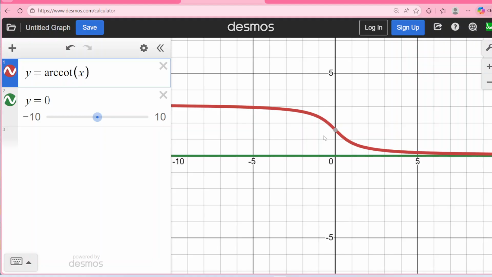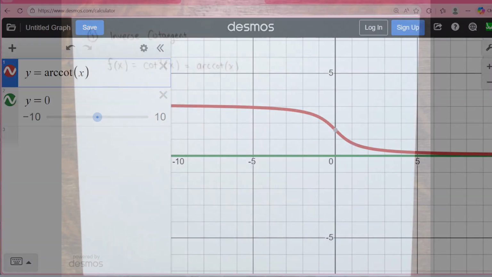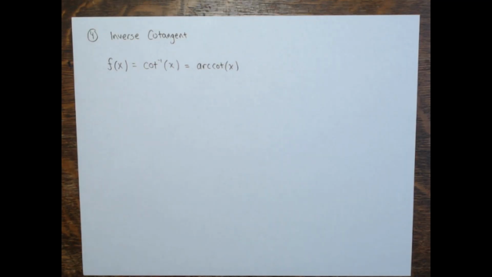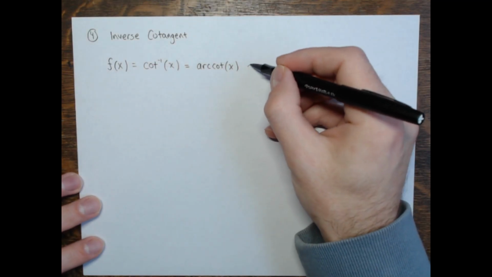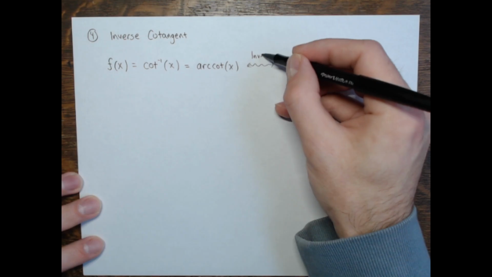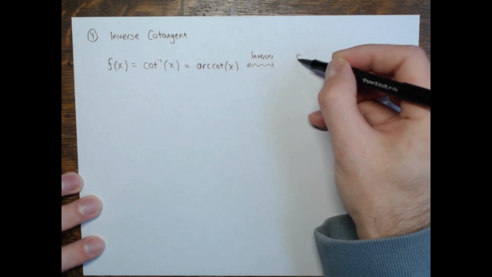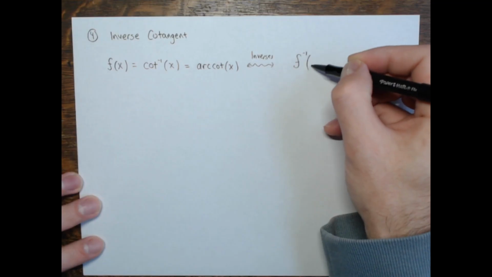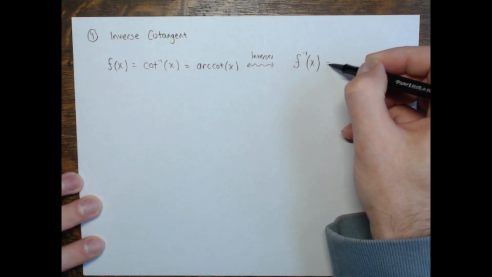So when I go to draw angles in the xy plane in standard position, I'm looking at quadrants 1 and 2, right, the top half of the plane. So again, if that's f, its inverse would be plain old cotangent.